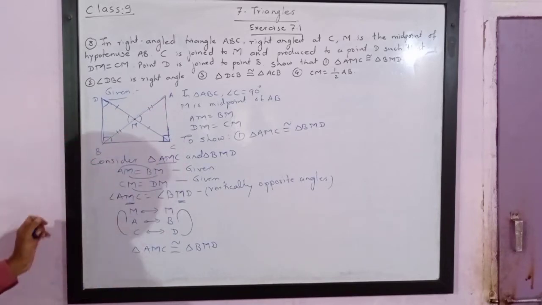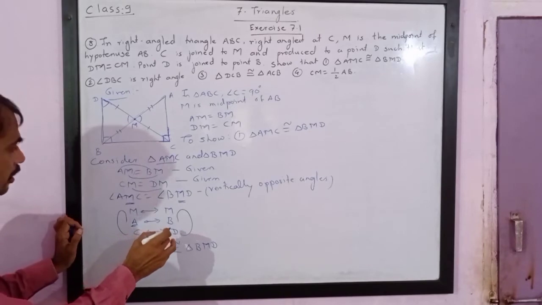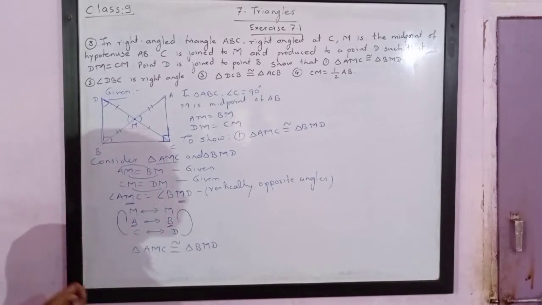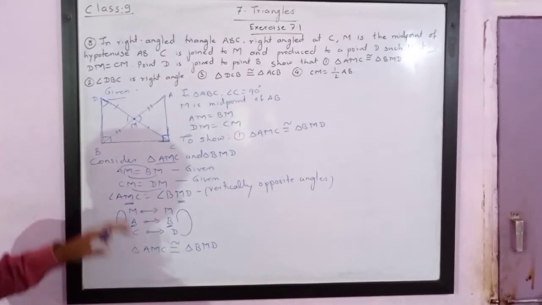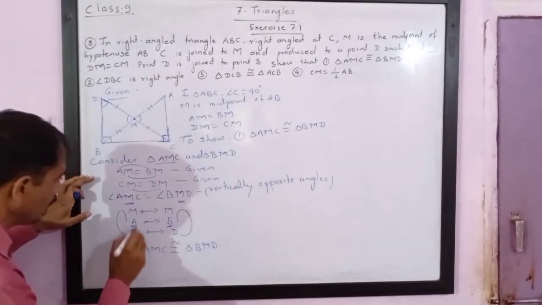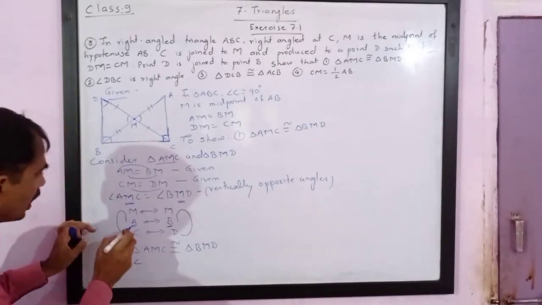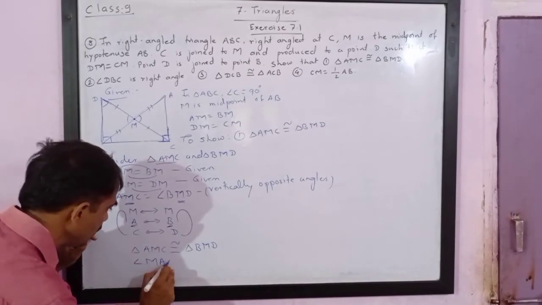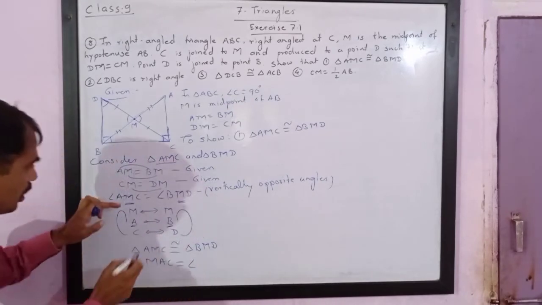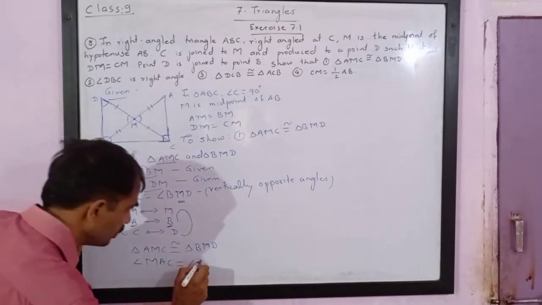From this you will get angle A is congruent to angle B. Thus we have got angle A is congruent to angle B. Angle A means angle MAC is equal to angle MBD.